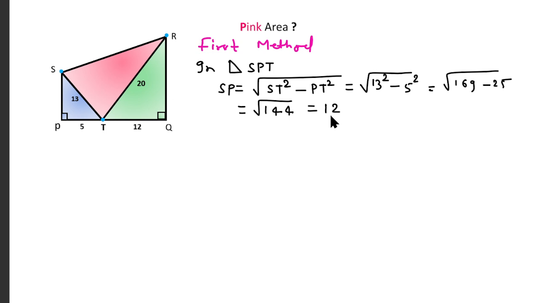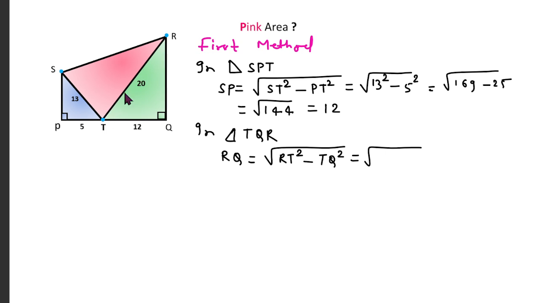So same I will apply in right angle triangle TQR. RQ is equal to under root hypotenuse square, that is RT square, minus base square, that is TQ square.